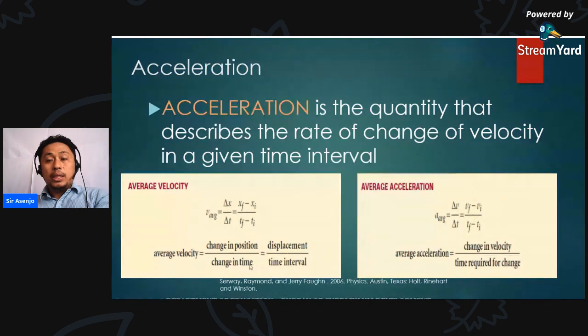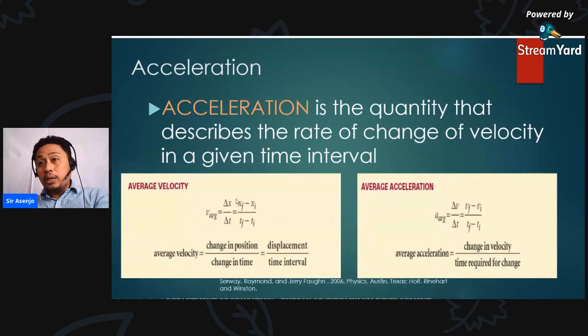So in words, average velocity is equal to change in position over change in time. x actually means position also. That is equal to displacement over time interval. So this is the mathematical equation. Don't worry, we don't have to solve problems on this. At least we're familiar with the mathematical equation of average velocity.